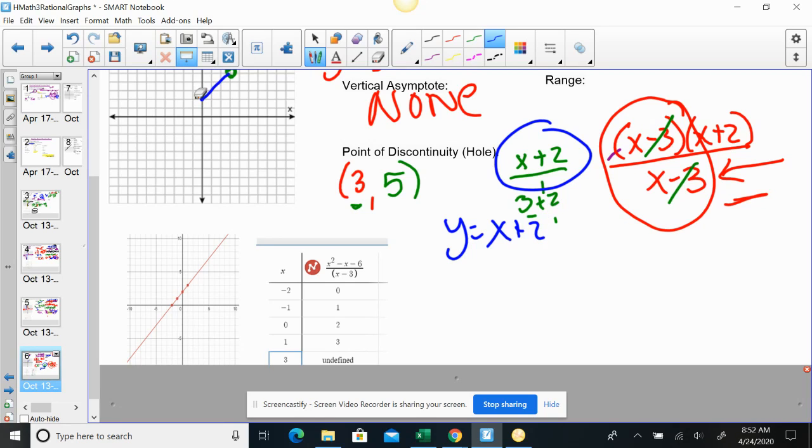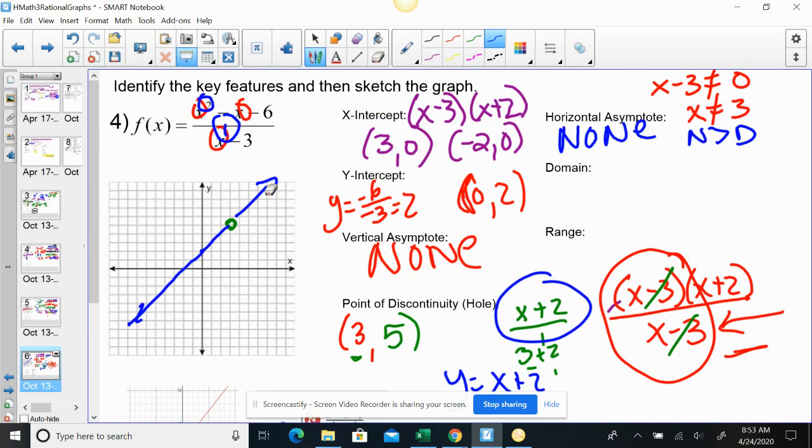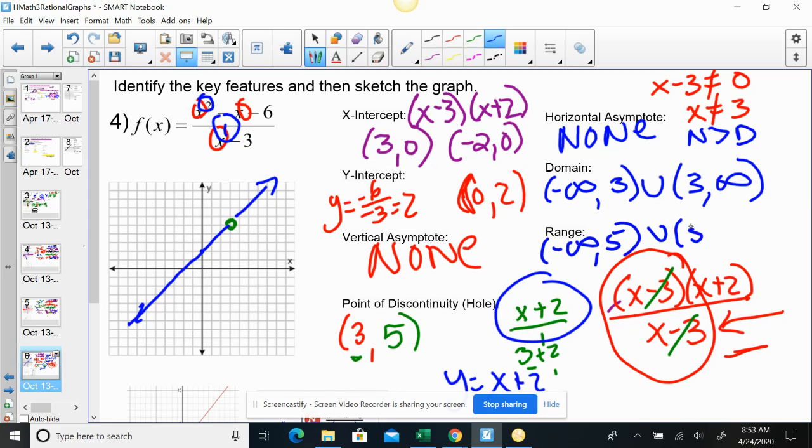So start at 2, up 1 over 1. It looks like this graph, but it kind of hops over that x value. So my domain is negative infinity all the way to 3, skip 3, and go to positive infinity. My range is going to be negative infinity to 5, skip 5, and go to positive infinity.